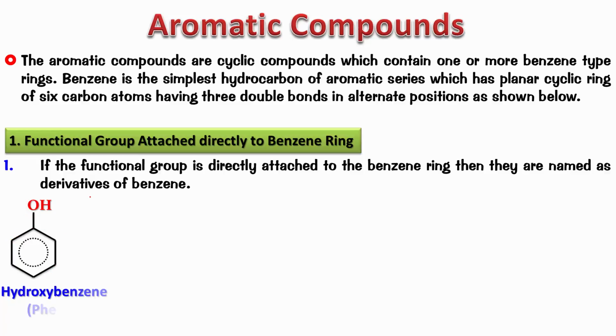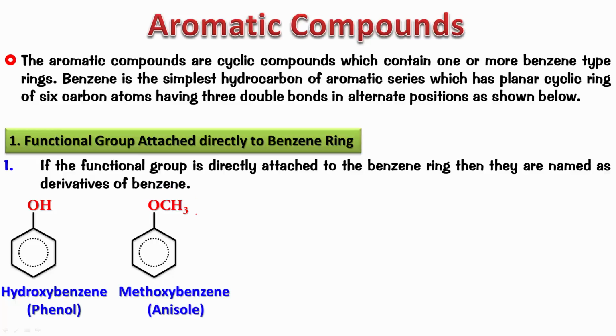You can also call it phenol, which is the common name accepted in IUPAC. What would you call this one? Remember, all ethers are named as substituents. So what would you call this substituent as? It's methoxy. So it's methoxy benzene. It's also known as anisole, and that is the common name accepted in IUPAC.